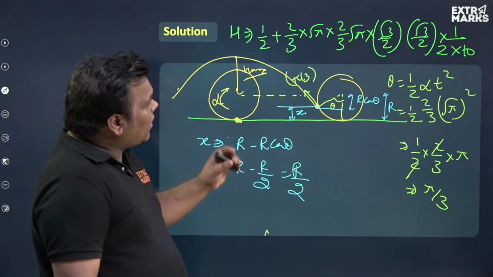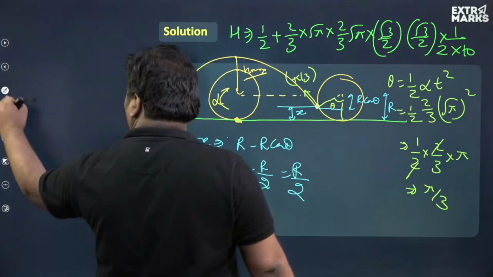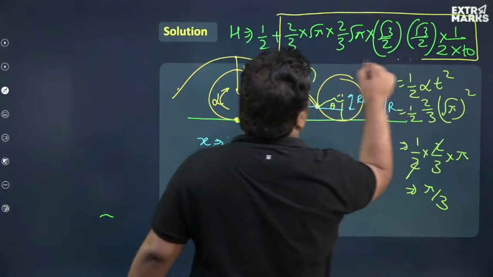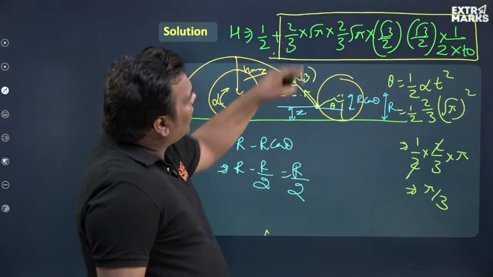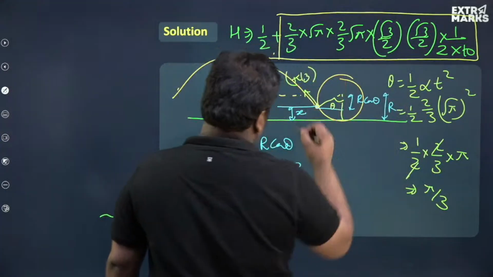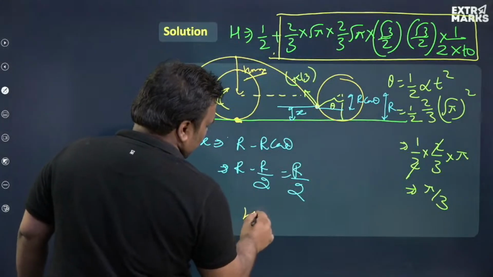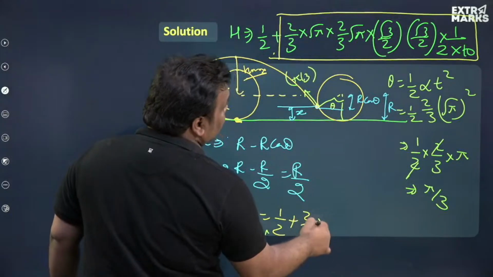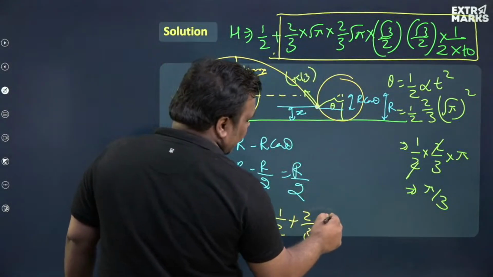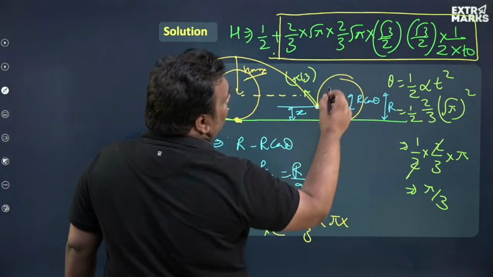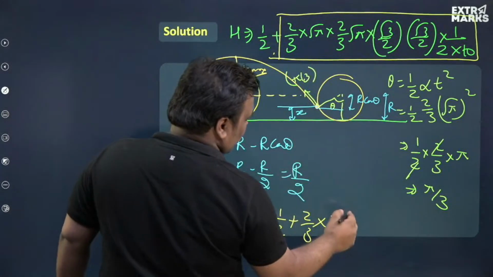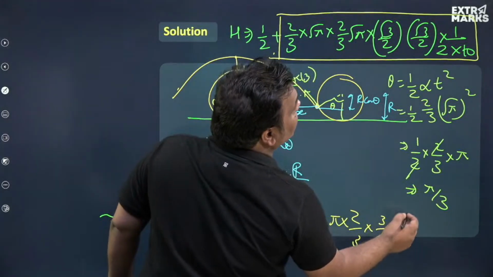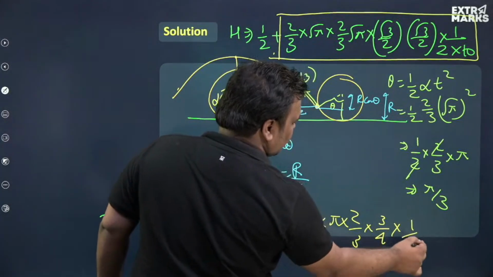If you calculate the whole value further, I know the calculation is a little bit difficult, but you can see my final answer: h is equal to 1 by 2 plus 2 by 3 multiplied by root pi into pi. I think it is 2 by 3 into 2 by 3 into 3 by 4 into 1 by 20.